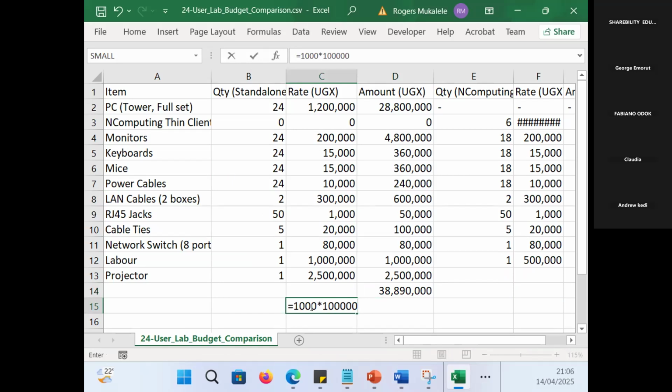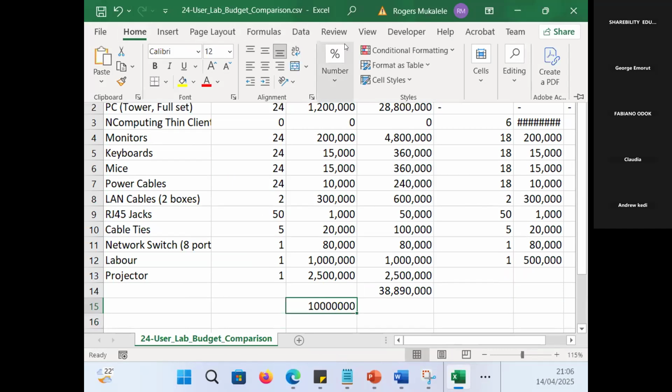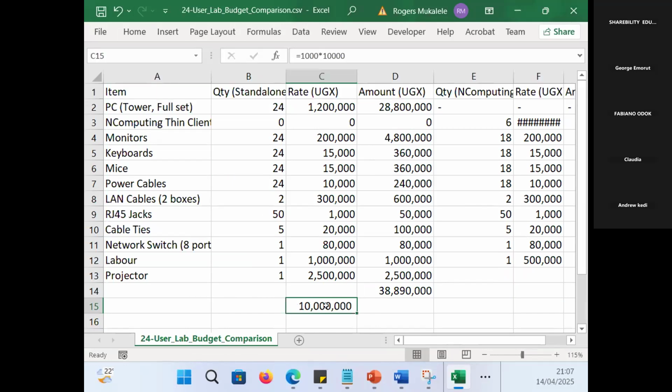I've convinced parents, and we've added 10,000 on fees as a technology fee. I've convinced parents that your children need to learn. This is the 21st century. We are going to start giving them computer studies.